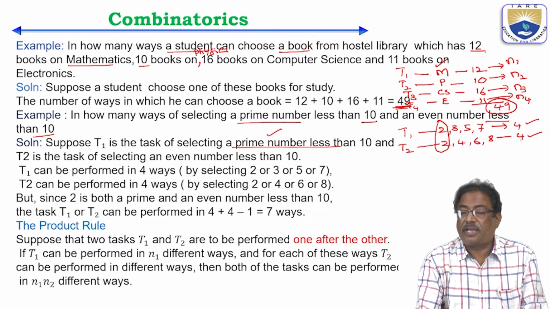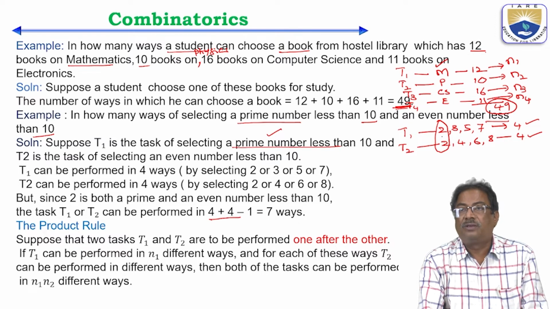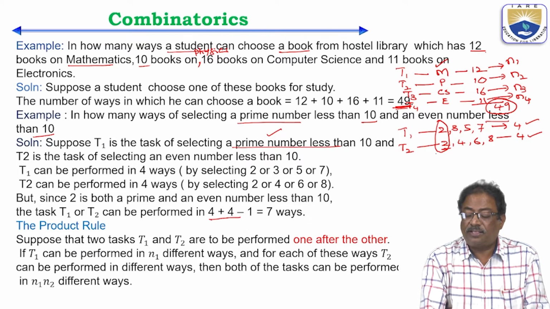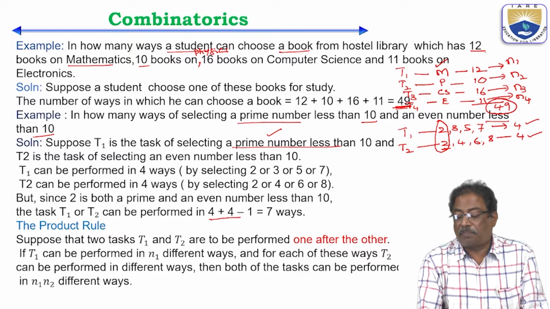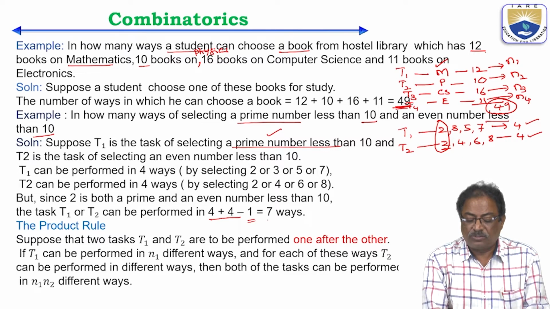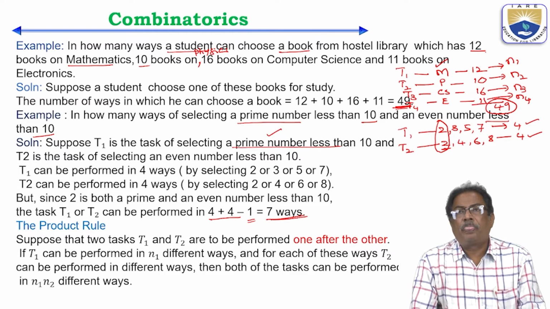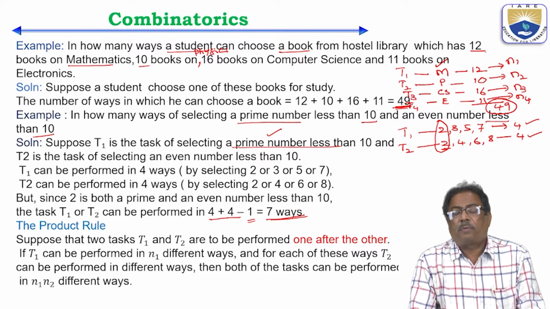So we are going to take N1 plus N2 ways, but one number is common. It is in the prime numbers as well as in the even numbers, so I am going to subtract. So there are 7 ways. This is related to the sum rule. Now the product rule.